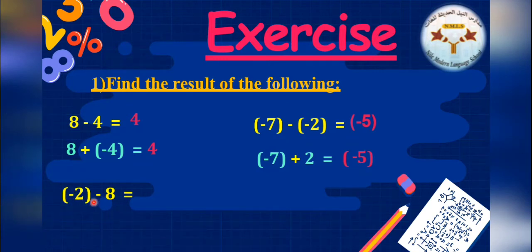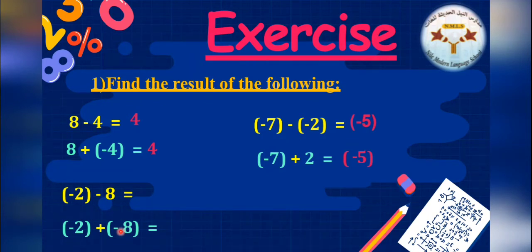Negative 2 will be the same. The minus will be plus, and 8 will be negative 8. So it will be negative 2 plus negative 8.